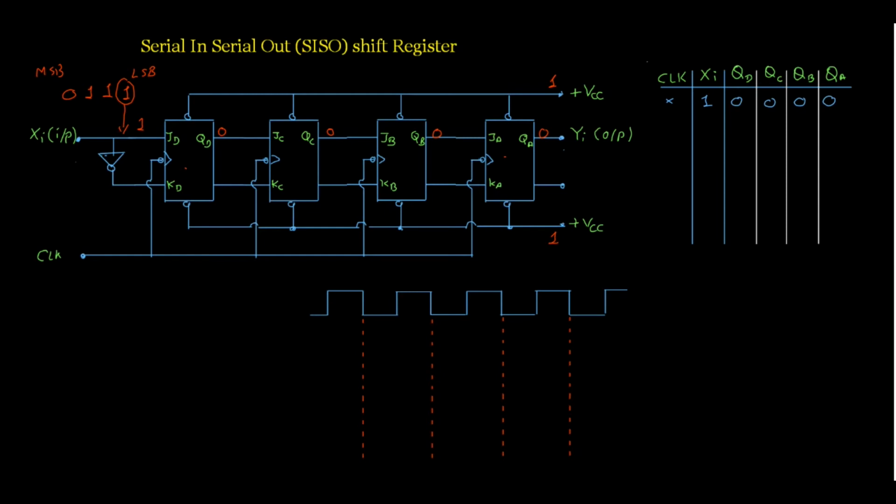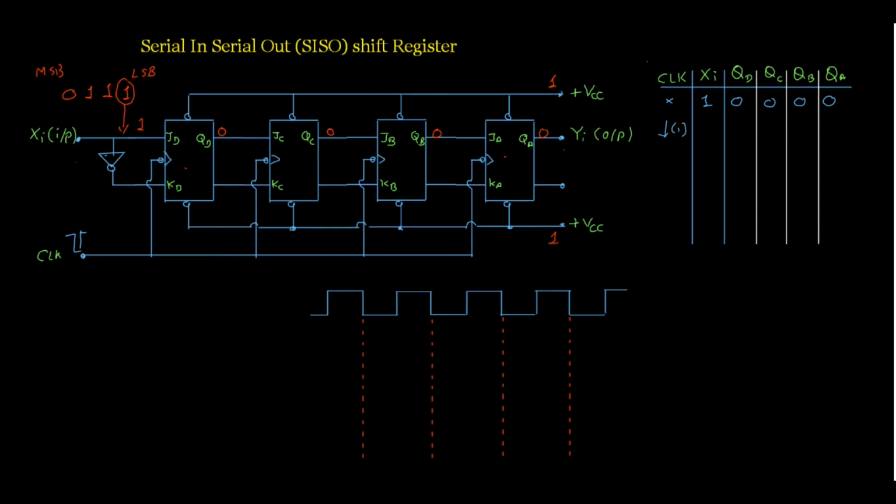Now we apply a clock. Here these flip-flops are operating with the negative edge. So the first clock pulse is applied with the negative edge. Here I will write the negative edge, and this is clock number 1. You can see clock number 1 is there.